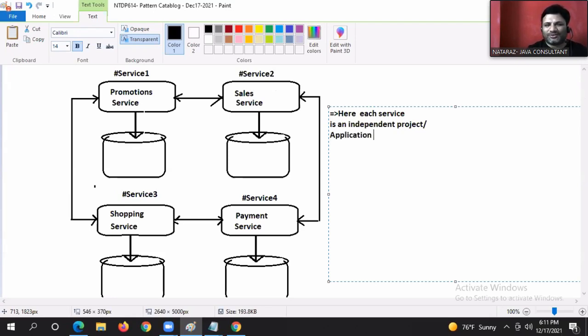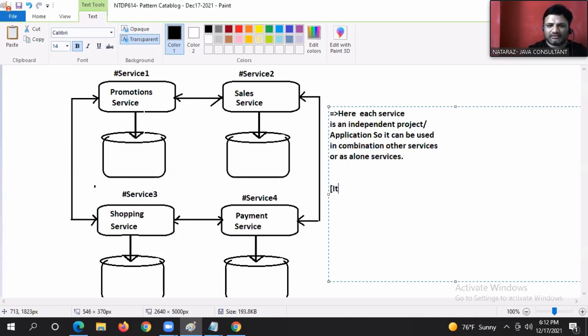So it can be used in combination with other services or individually, or as a standalone service. Okay, guys.